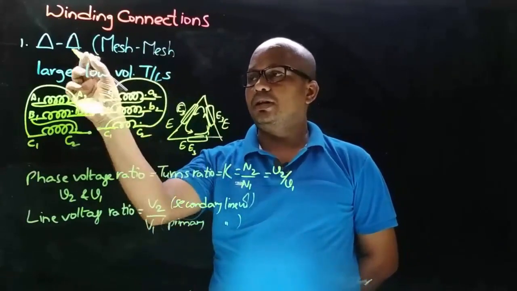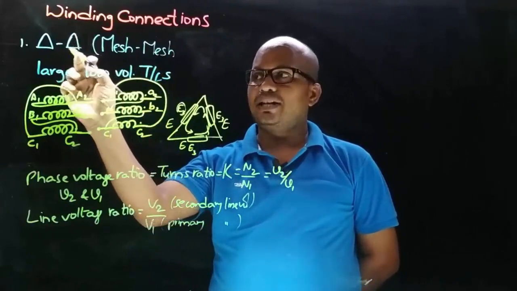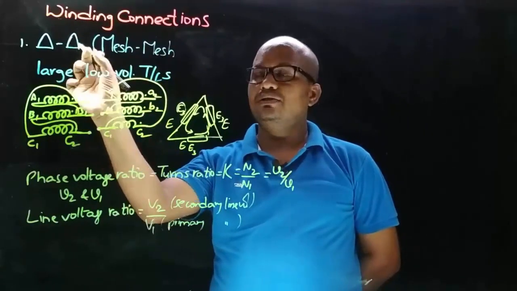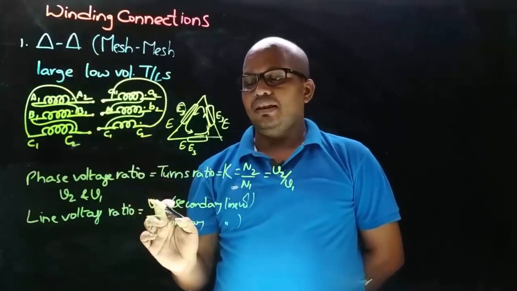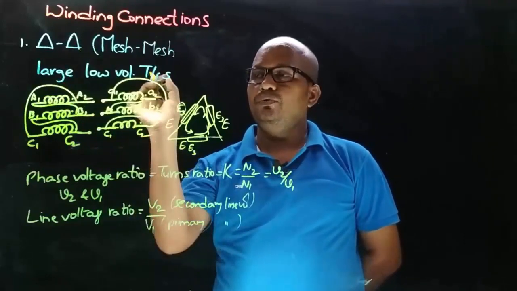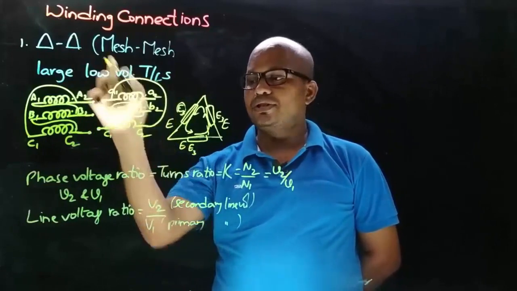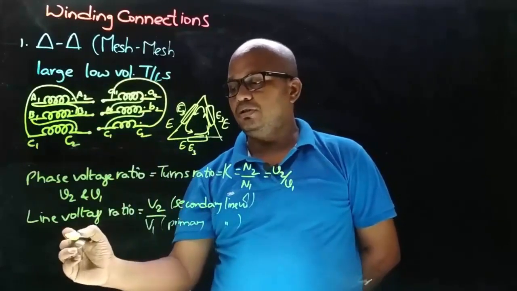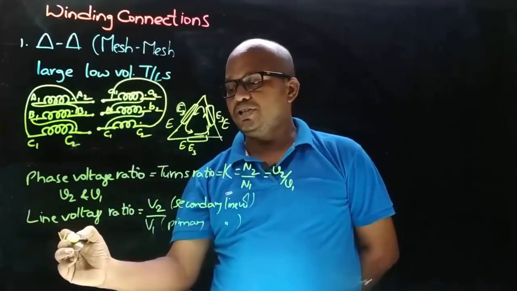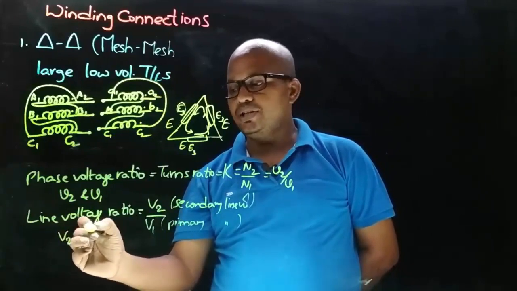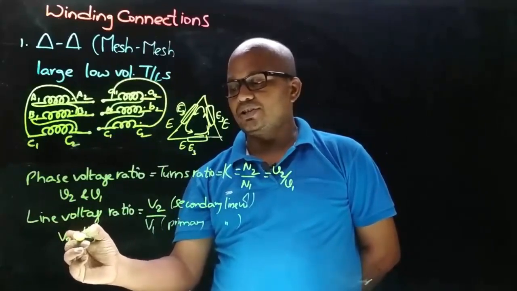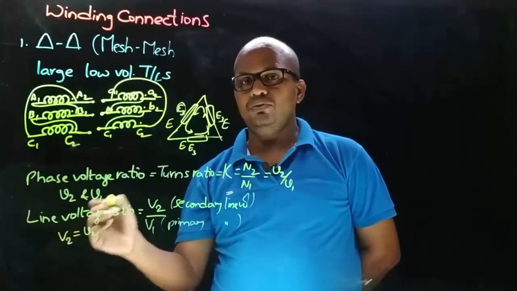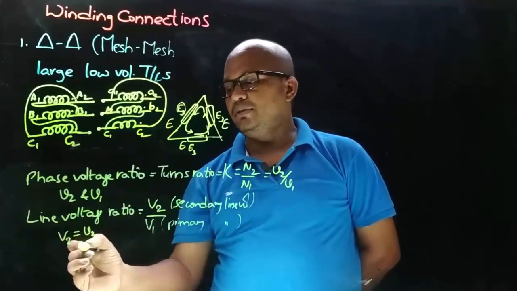So coming to the secondary side, which is a delta connection, the line voltage is equal to phase voltage. On the secondary side we took line voltage as V2 and phase voltage as small v2. So as it is delta connection, capital V2 is equal to small v2.